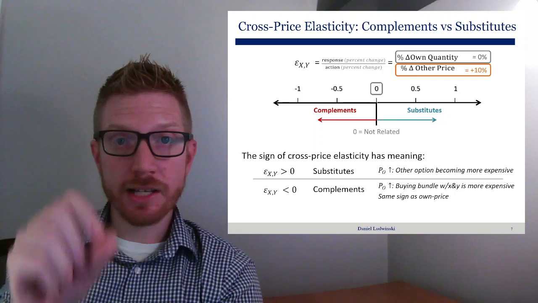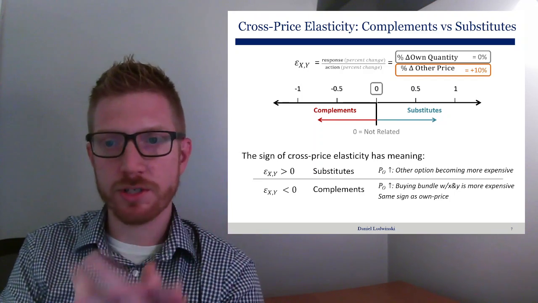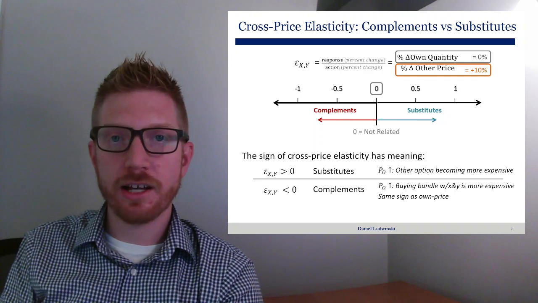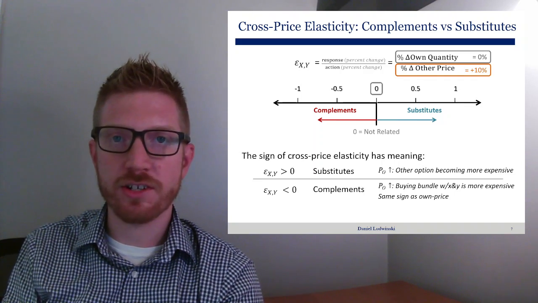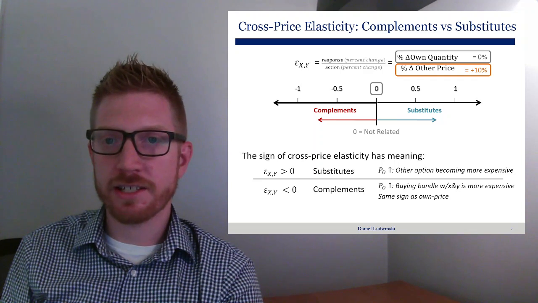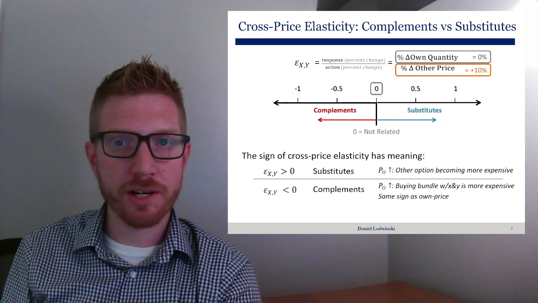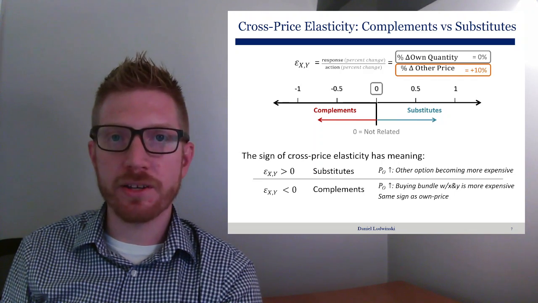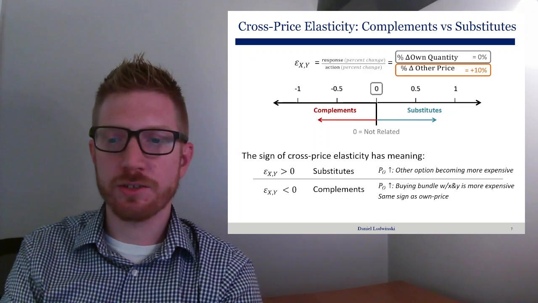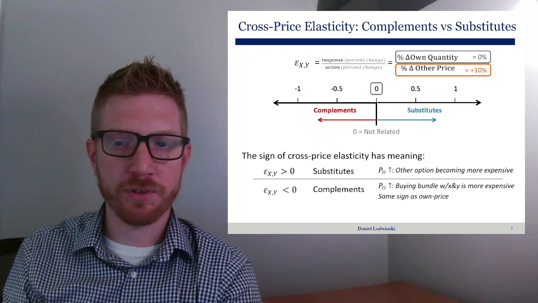But the size and the distance or closeness to 0, just like with elasticity, is telling you about the strength of the connection and the strength of the impact. Generally, cross-price elasticities will be smaller than own price elasticities. The biggest determinant of demand is going to be the own price of that good, especially normalized in terms of percents.